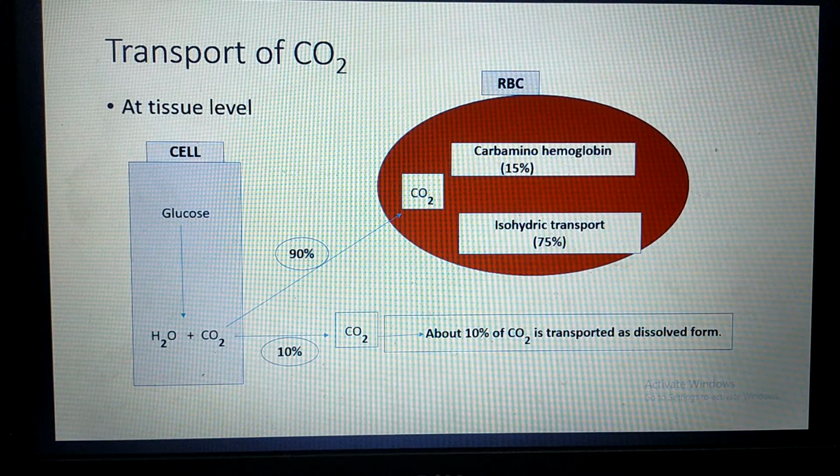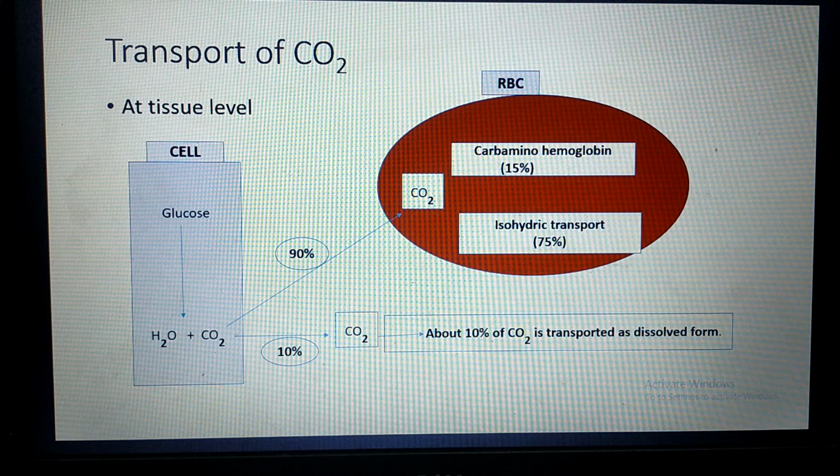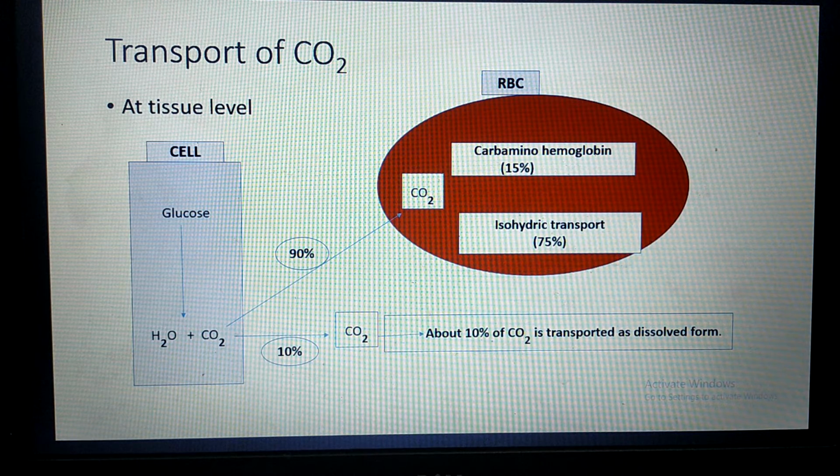So this is the tissue cell I have shown here on metabolism. Inside the cell, carbon dioxide and water are formed. From the cell, this carbon dioxide enters into the blood. 10% of the carbon dioxide dissolves in the blood and 90% of the carbon dioxide enters inside the RBC.